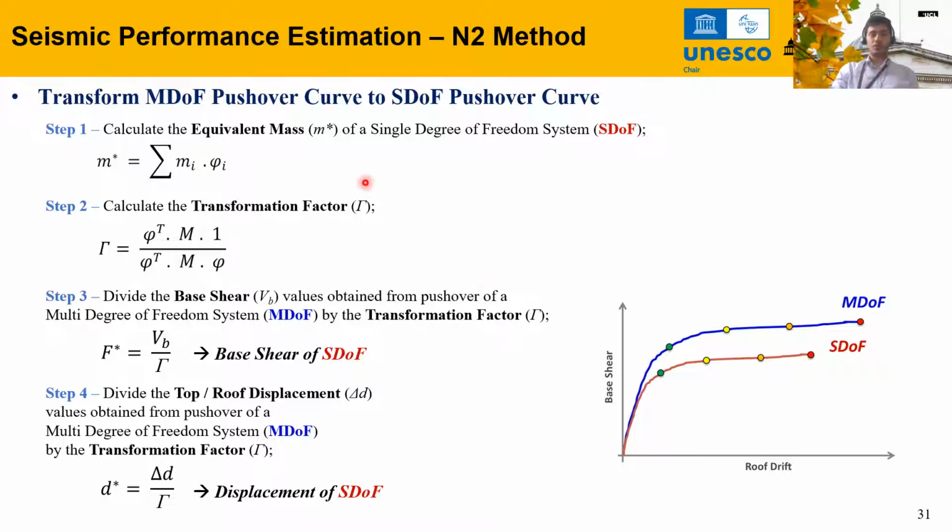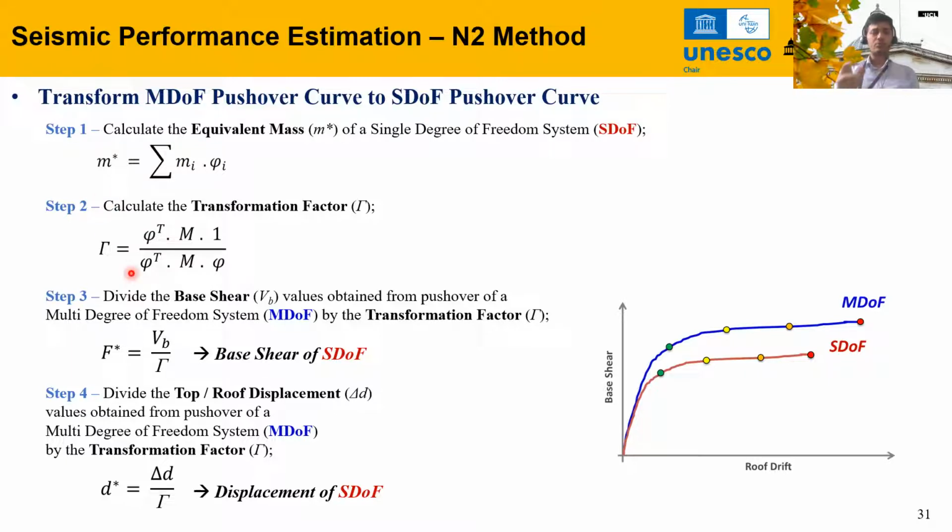We first convert the MDF system to an SDF system. This is the Pushover curve you have originally. Now to convert it into an SDF system, we need to get the equivalent mass for the SDF system using this. So m is the mass, and phi is the mode vector.